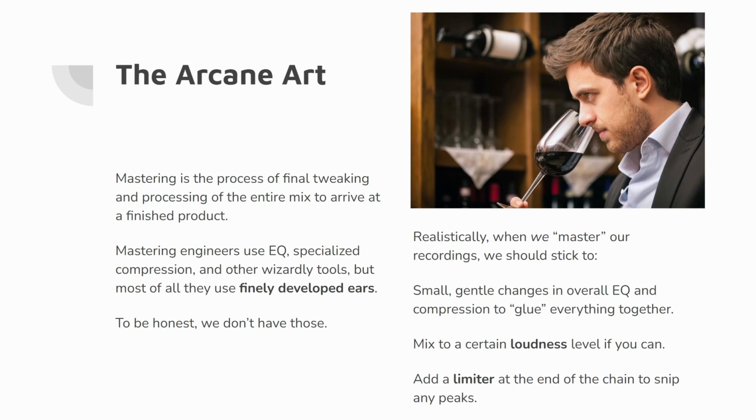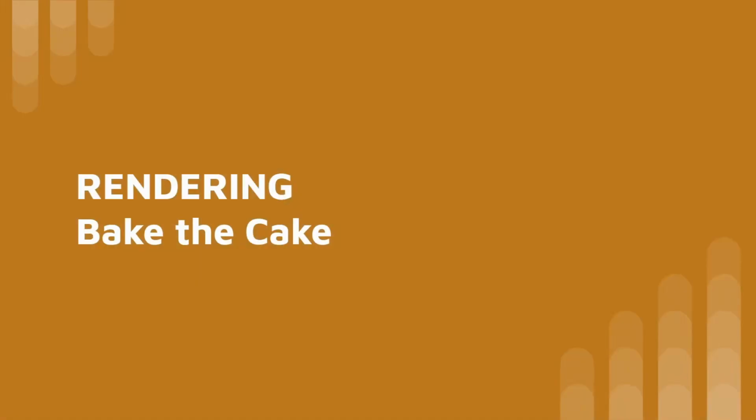And at the very end, you'll want to limit your audio, just in case any of those peaks are still slipping up above the 0 dB full scale digital limit. You don't want any clipping at the very end. So one of those limiters doing just a little bit of work at the end can get your product ready.